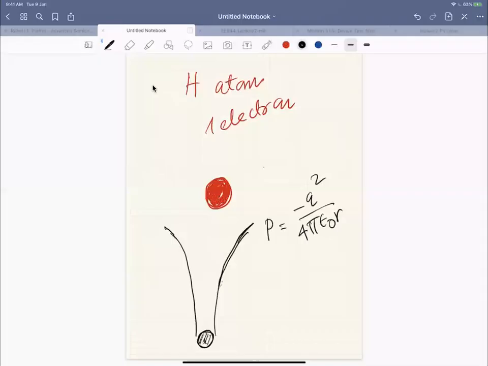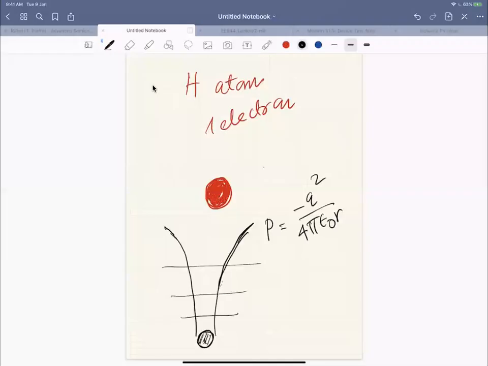And the electron is inside this potential well, so it has a discrete number of states, right? As we solve, it could have a discrete number of states. I think all of you might have solved the hydrogen atom, right? And hydrogen atom is the simplest atom, it has only one electron, right?